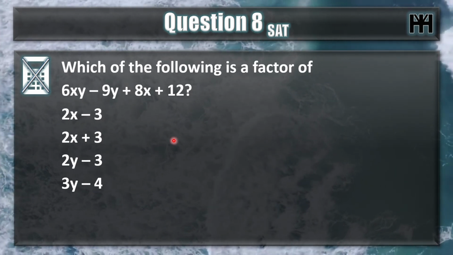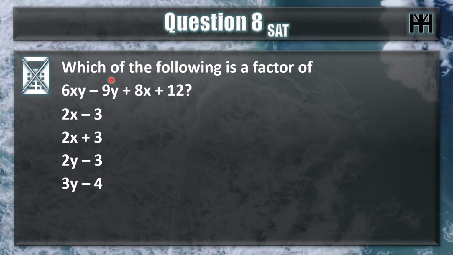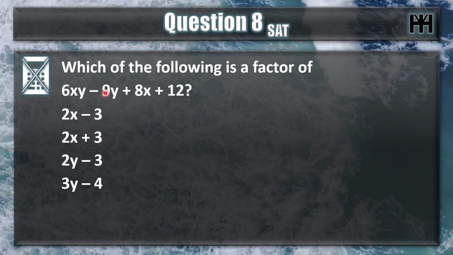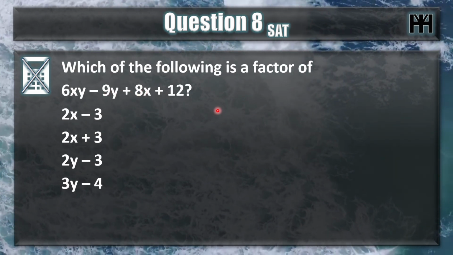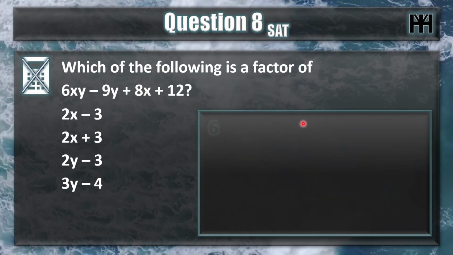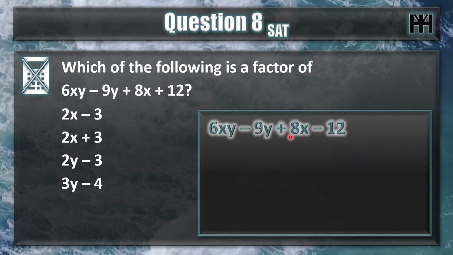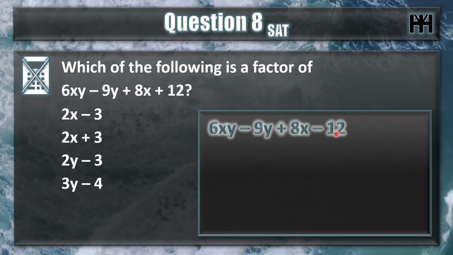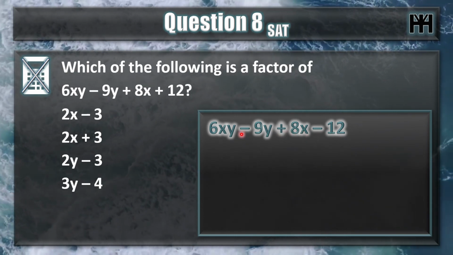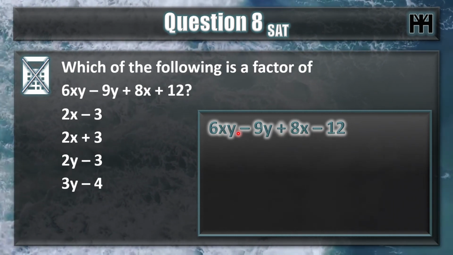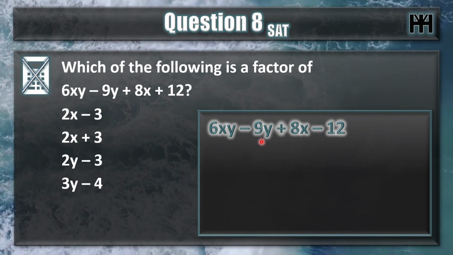Okay, question 8. Which of the following is a factor of 6xy minus 9y plus 8x plus 12? Let's see what common factors there are. There is no one factor that we can take from all of them. So let's try to factor this expression by grouping.